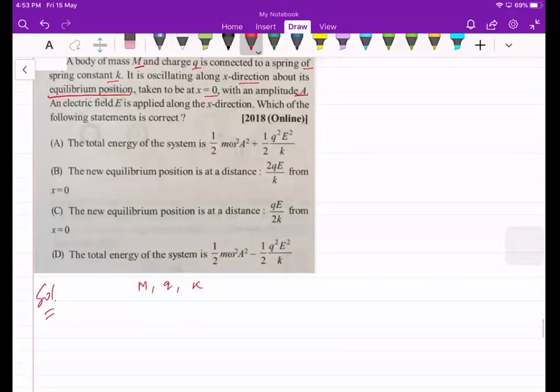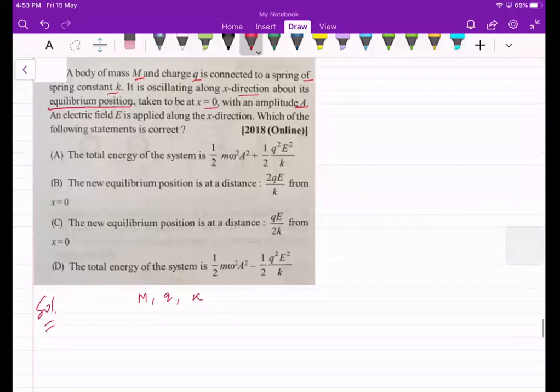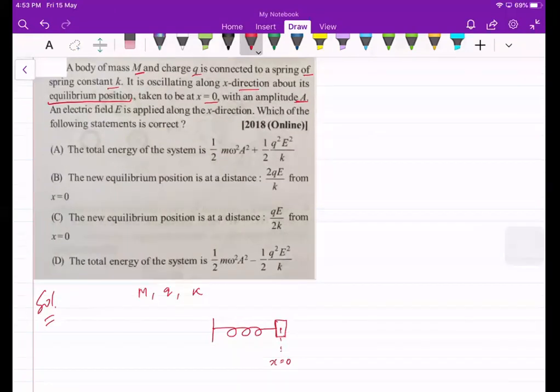So if you have an idea of the SHM, you must know in SHM we have some equilibrium position which is given as x0, and the body has mass m as well as the charge q.